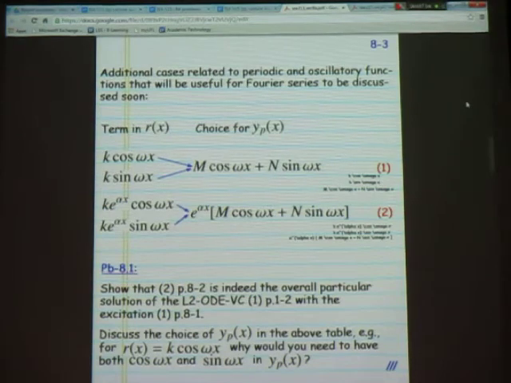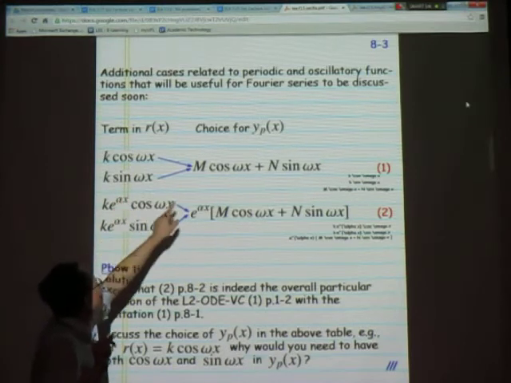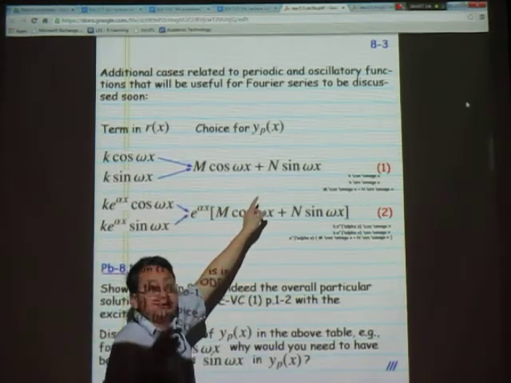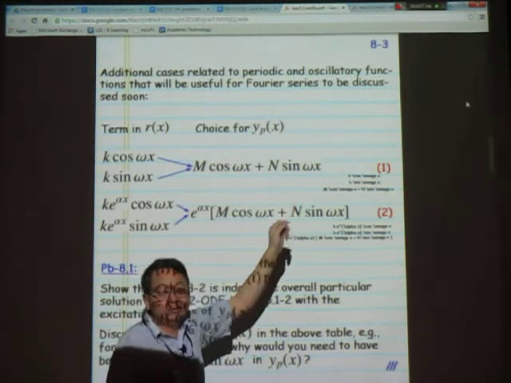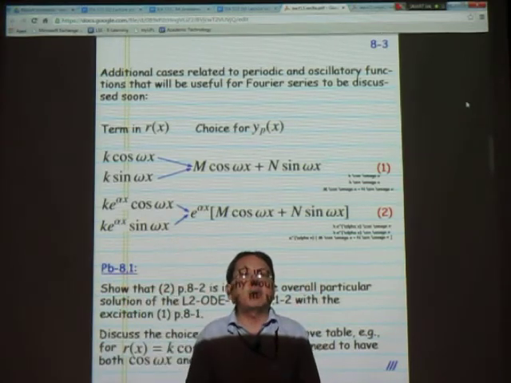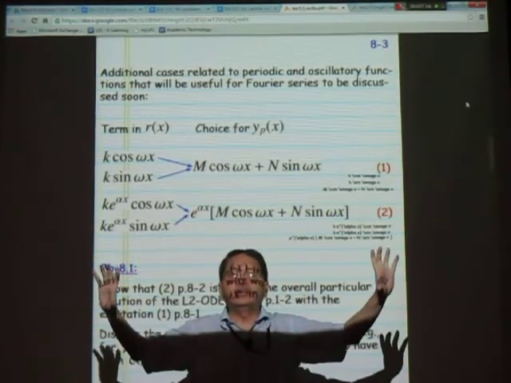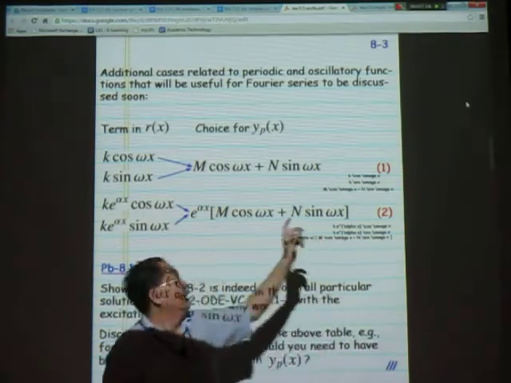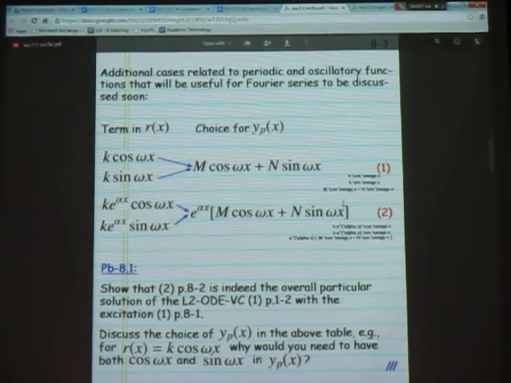Okay, so if the excitation was either a cosine or sine function, then the trial particular solution has to have both cosine and sine. This is also very similar to the polynomial case in the previous problem. You have to have a full set of powers of t. Here you need to have both cosine and sine, because when you take the derivative, cosine becomes sine, and then you take the second derivative, sine becomes cosine again.